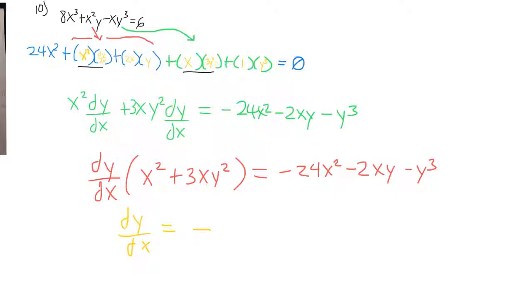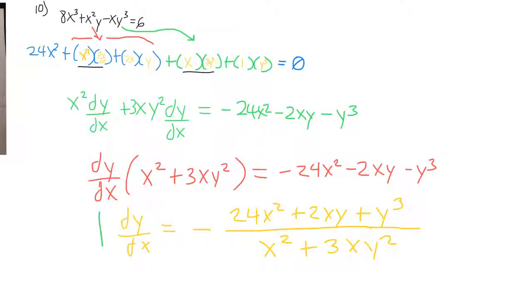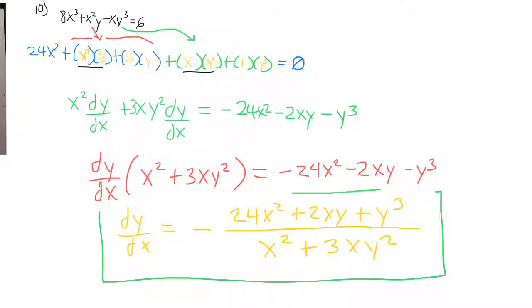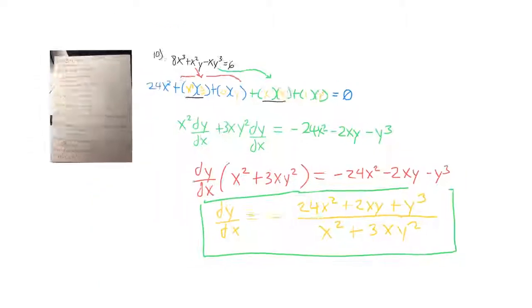I'm going to negativize the entire fraction, which means changing the sign of the numerator terms. And down below we have what we divided by. Feel pretty good about that one. That one was, I'd say, significantly easier. All right, so that is that one.